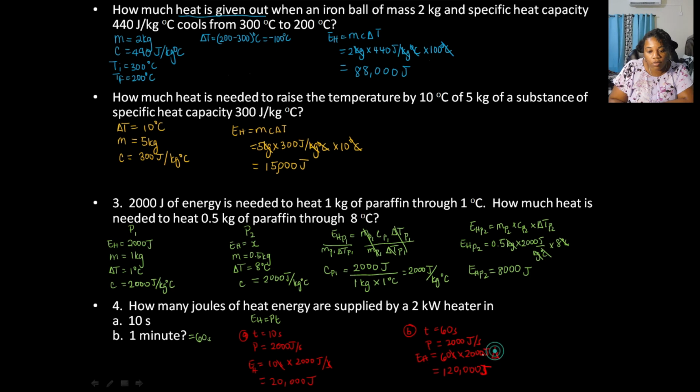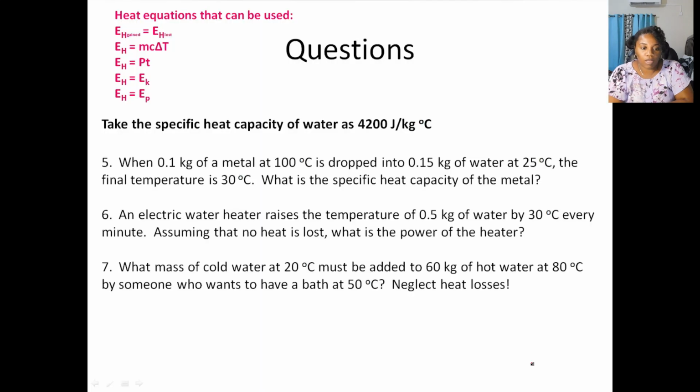Okay, if you want, you could write these shorter, 20 kilojoules, and this one was 120 kilojoules. So the more time you spend, the more heat is going to be given off. Okay, so I hope you understood those questions, and now we have the last 3 questions for this topic.